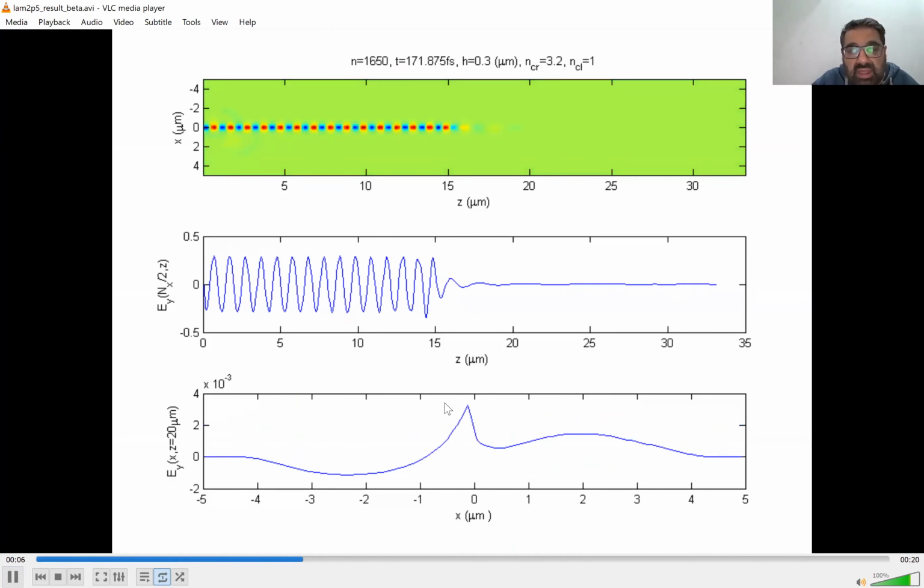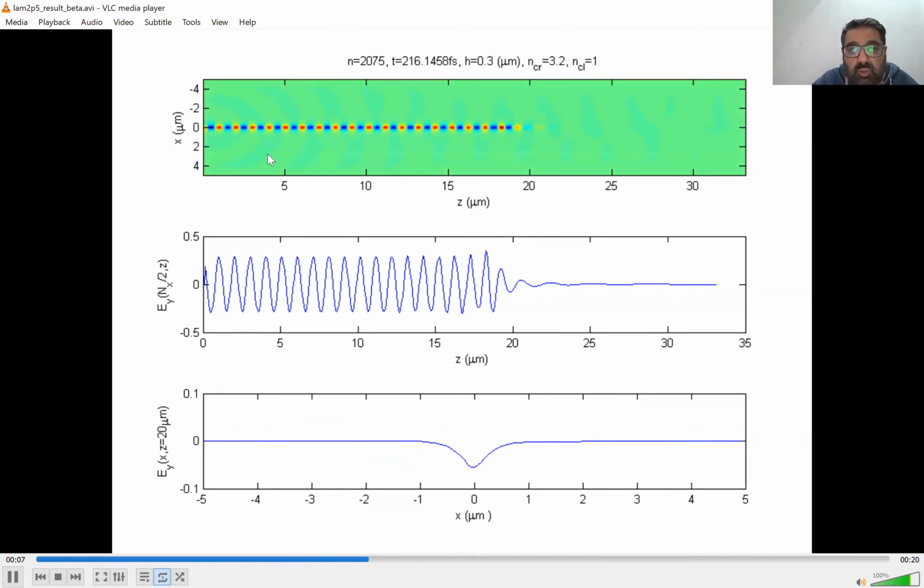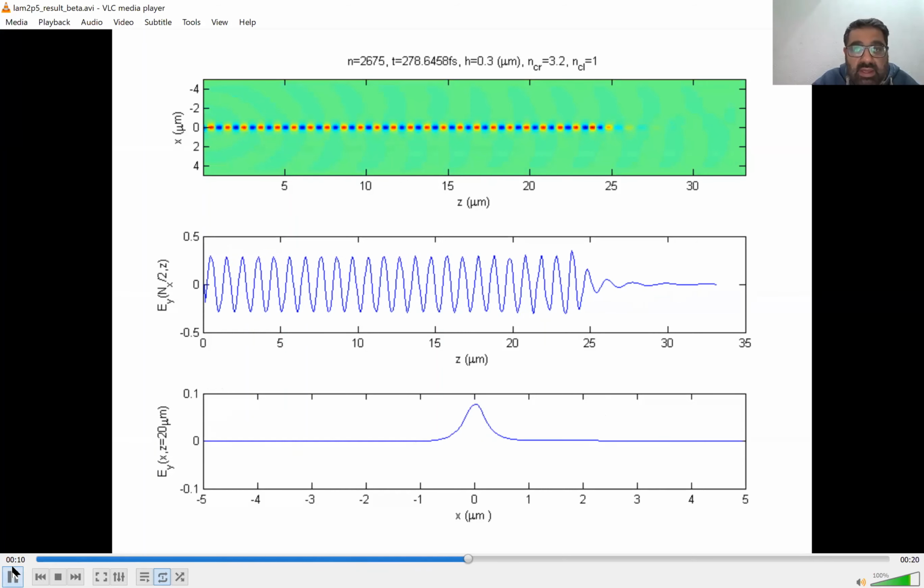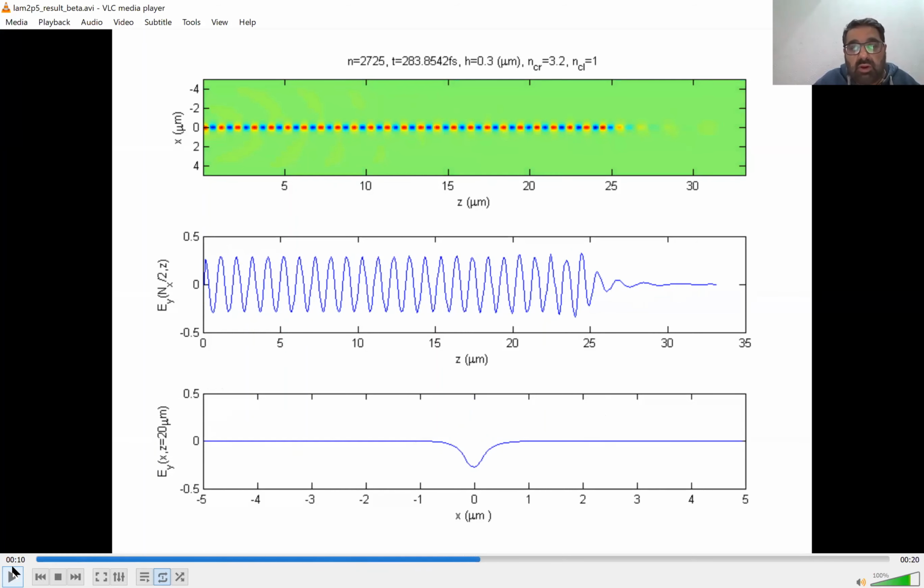I am sampling a point at z equal to 20 microns, and you can see this is a standing wave, and this is the traveling wave going in the z direction. This is a standing wave in the x direction, where the electric field is y directed, its polarization is y directed.